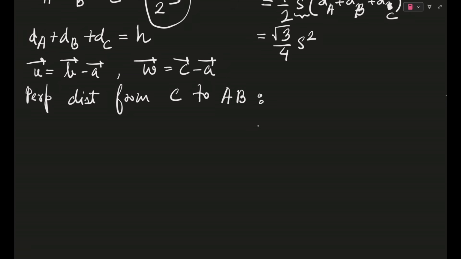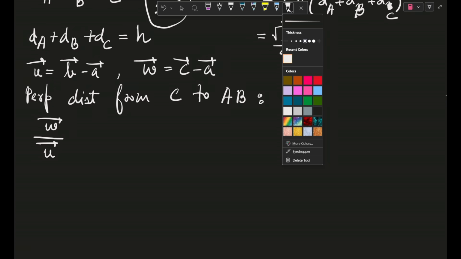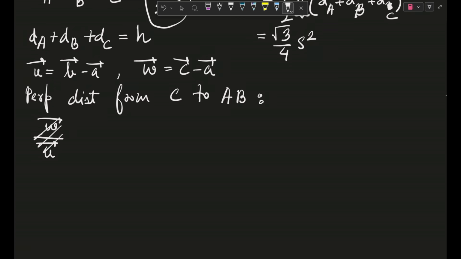Now this will be the most interesting part, how to find this. I will take the fraction w vector by u vector. Now, wait. Right now, don't treat this like a fraction of vectors.